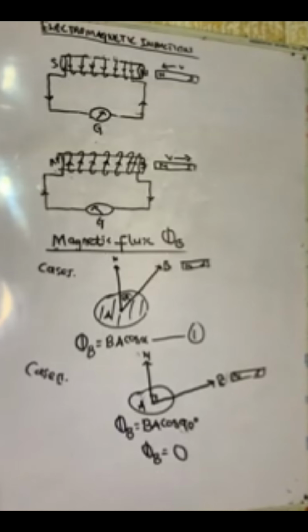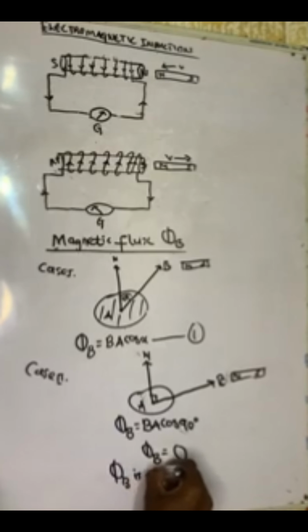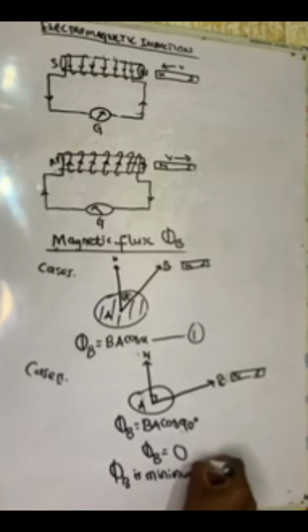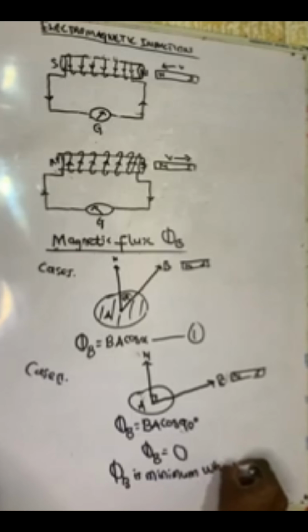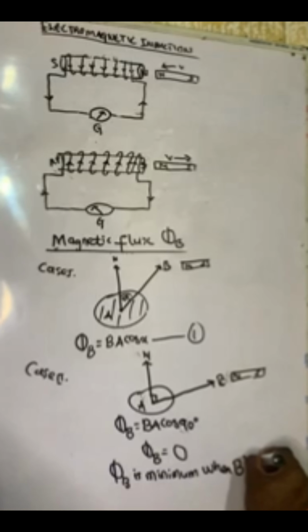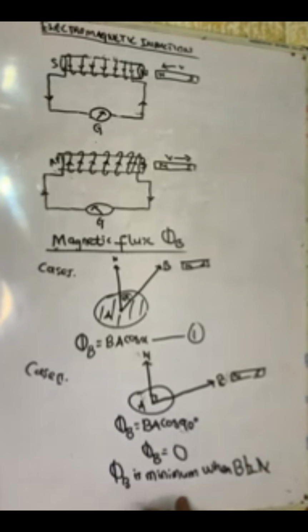So what can we write from here? You can write that the magnetic flux is minimum when the magnetic field is perpendicular to the normal. So we should take note of this.